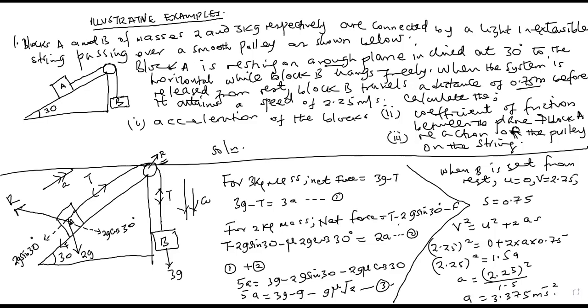So what am I going to do? Let me do this. From equation 3, which is 5a equals 2g minus g mu root 3.